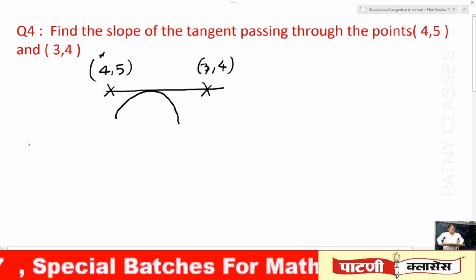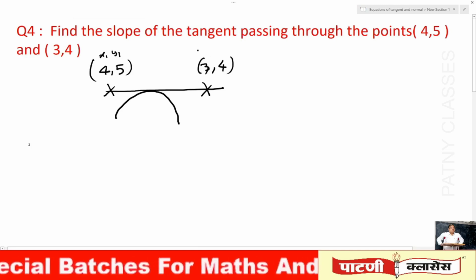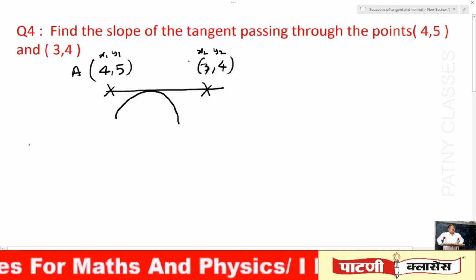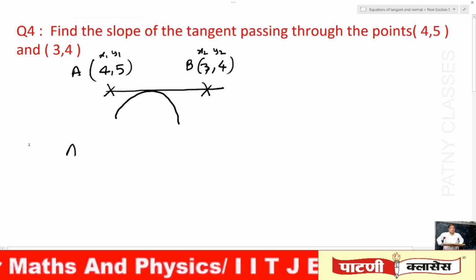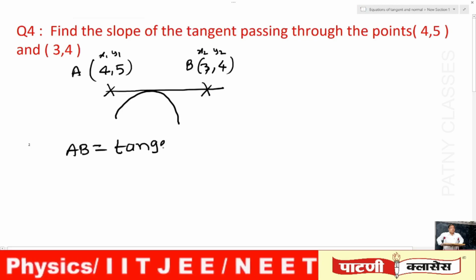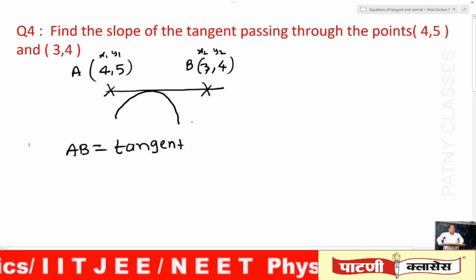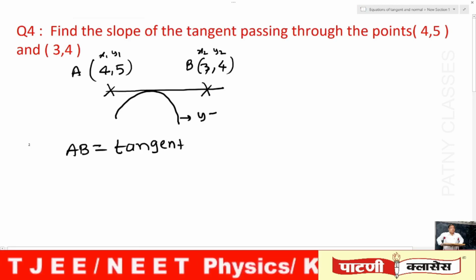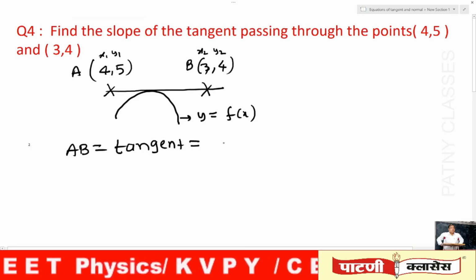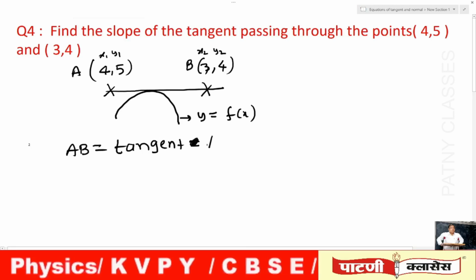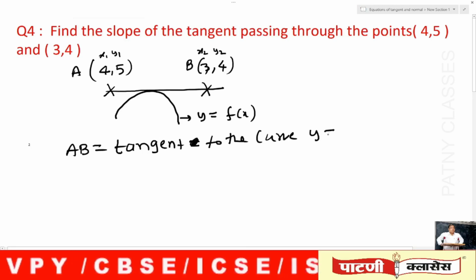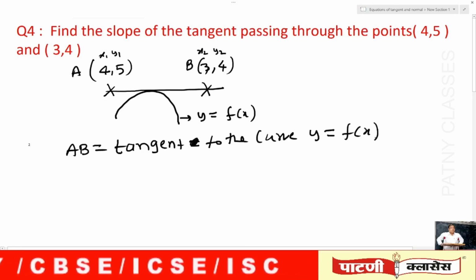Let us call them x1, y1 and x2, y2, point A and point B. What is AB? AB is a tangent to the curve y equals f of x.